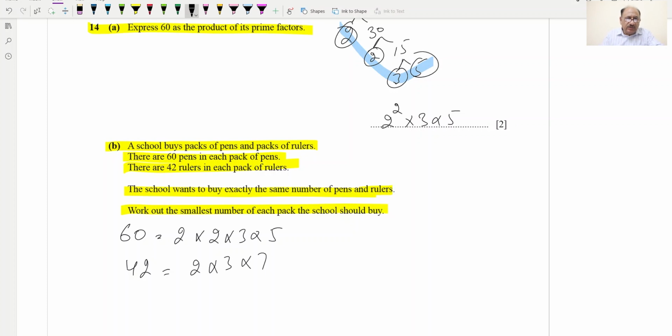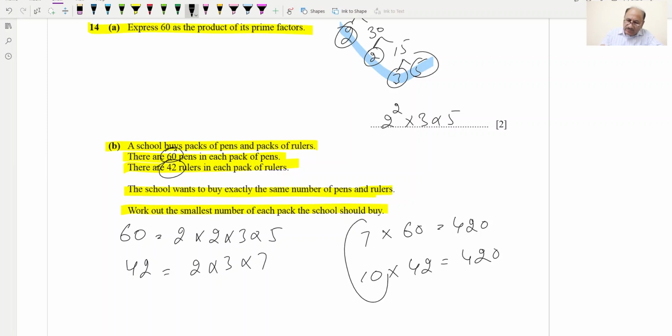Now if we are taking 7 packets of pens and 10 packets of rulers, each pen pack contains 60, so 7 into 60 will be equal to 420, and similarly each ruler pack contains 42, so this will also be 420.